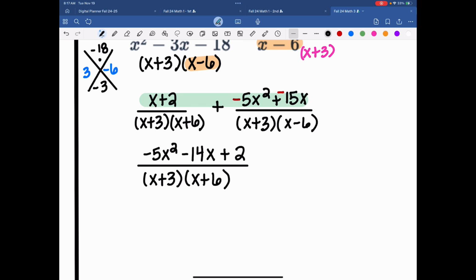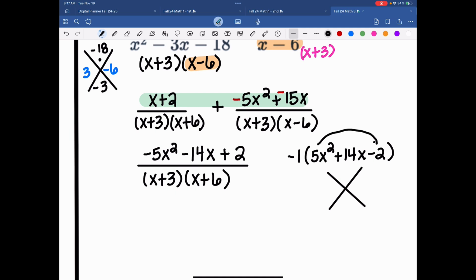All right, so for these purposes, I do have a negative in front. I could potentially pull out a negative in the front of it so that this would be negative 1, and then this would be positive 5x squared plus 14x minus 2. So we are going to try to factor this to see if we can get this to reduce.